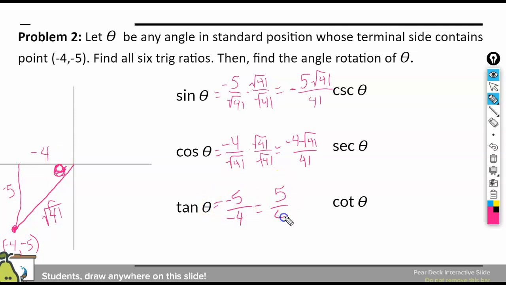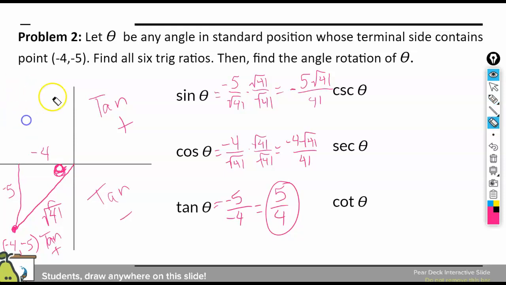to be positive 5/4. What we find is that tangent is positive in quadrant 1 and quadrant 3. Tangent is negative in quadrants 2 and 4, if you recall that from last year.